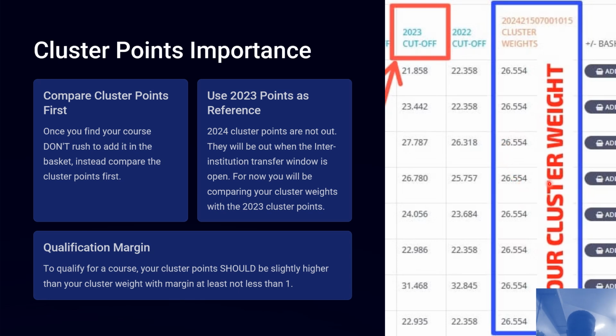As you can see, this is your cluster weight, and then these are the cutoffs for 2024 according to the courses that are aligned here. Then we have the cutoffs of 2023. The ones that are marked in red are the cutoffs that are going to be used for you to compare with your cutoff in order to choose the respective courses.